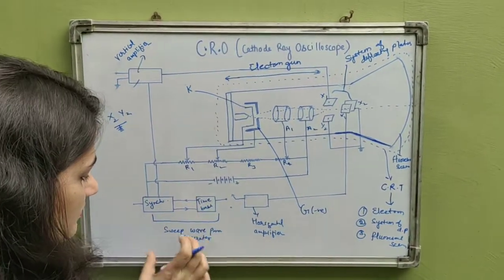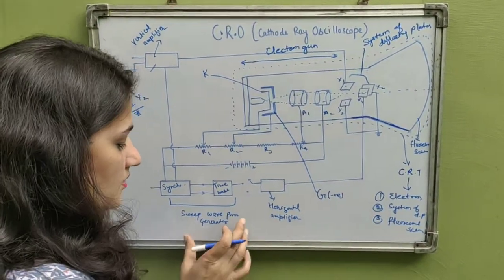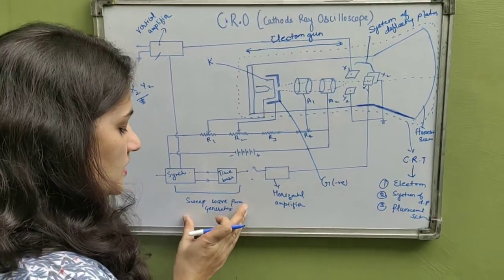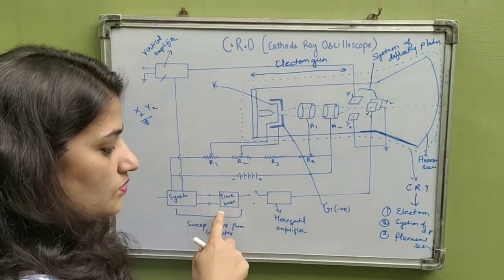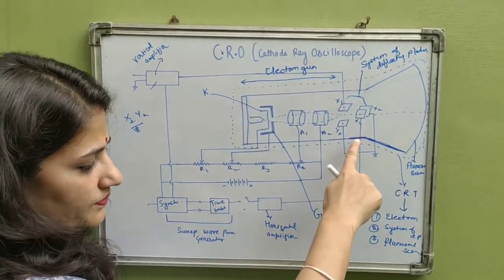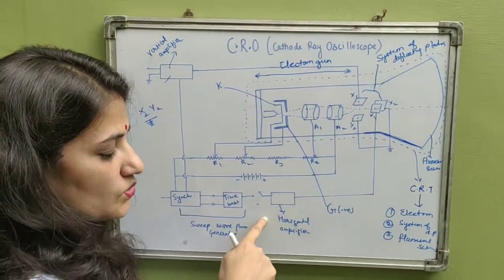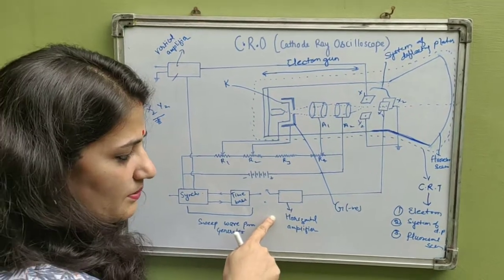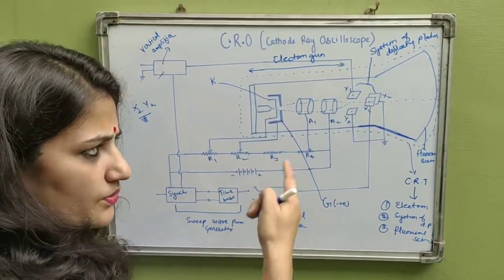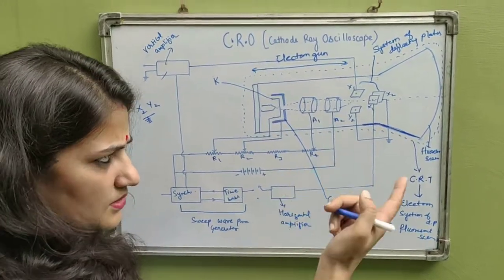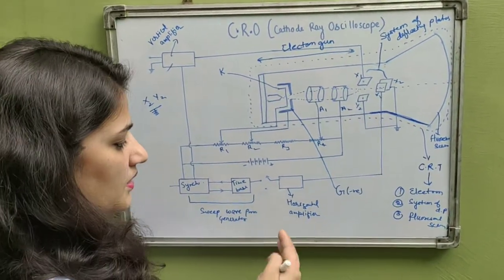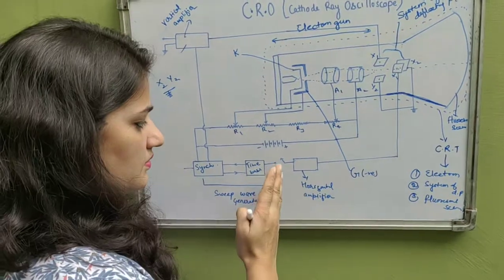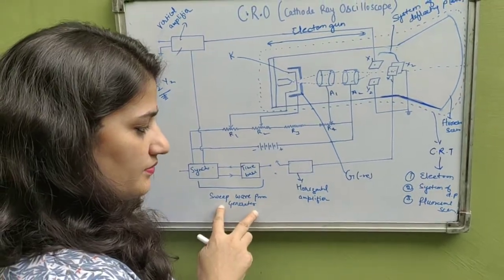Actually, what is the purpose of this sweep waveform generator? Its purpose is to produce a sawtooth wave, and this sawtooth wave is connected to the horizontal plate system through the horizontal amplifier, and it produces the spot of light which is seen on the screen.